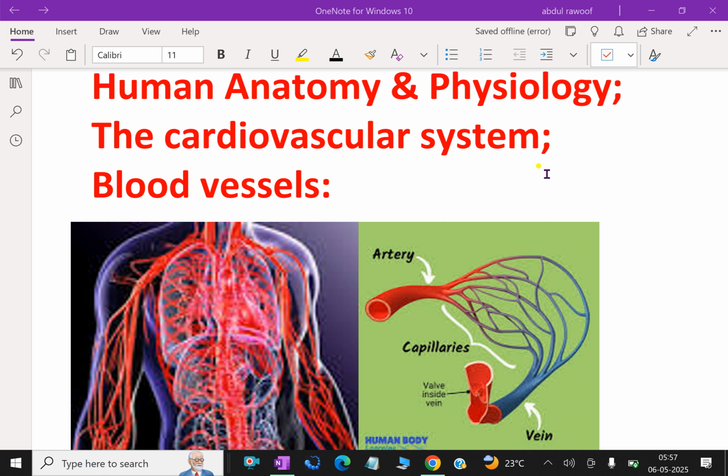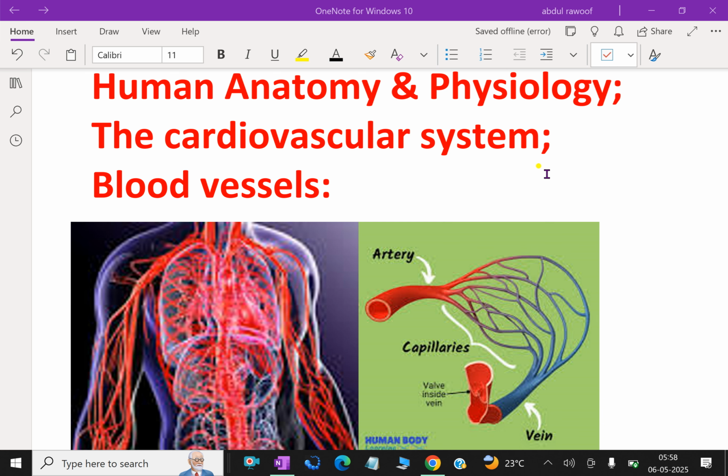The capillaries form a vast network of tiny vessels that link the smallest arterioles to the smallest venules. Their diameter is approximately that of an erythrocyte, that is 7 micrometers. The capillary bed is the site of exchange of substances between the blood and the tissue fluid, which bathes body cells.